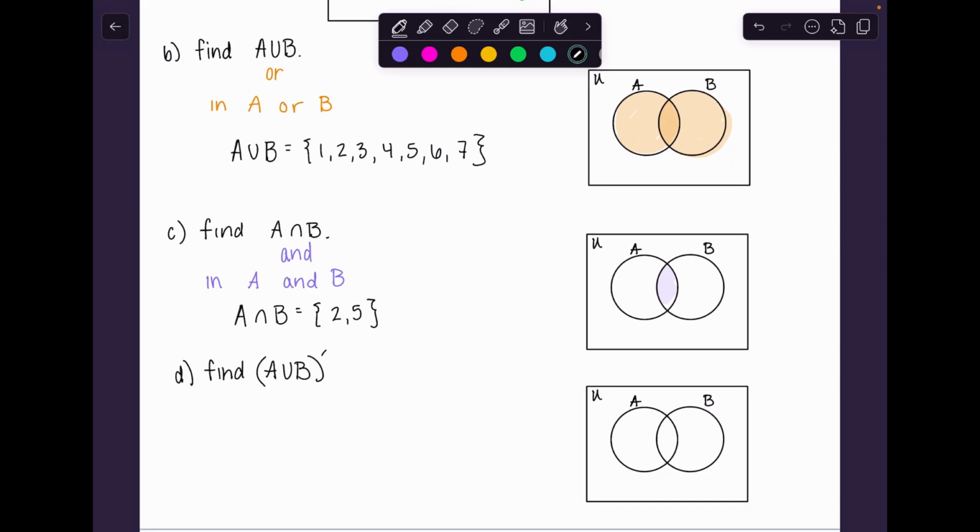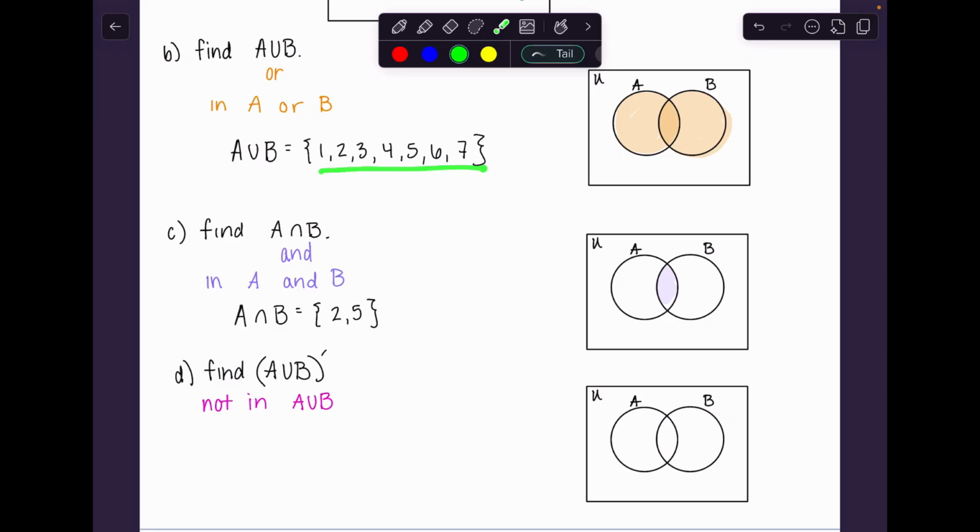Moving on to this third one, I've got two operations here. I've got a union and I've got a complement. Following the order of operations, you go in parentheses first. So the first thing I need to do is find A union B, and then I take the complement. The way you could think about this is these are things that are not in A union B. You can utilize the set back up here.